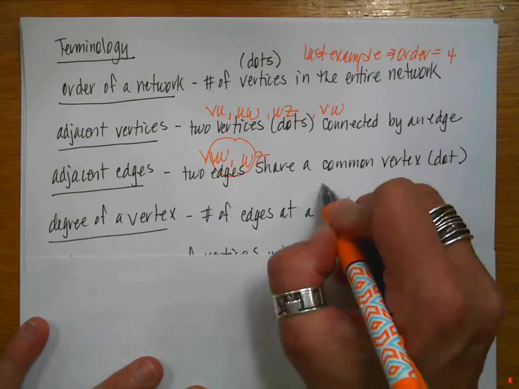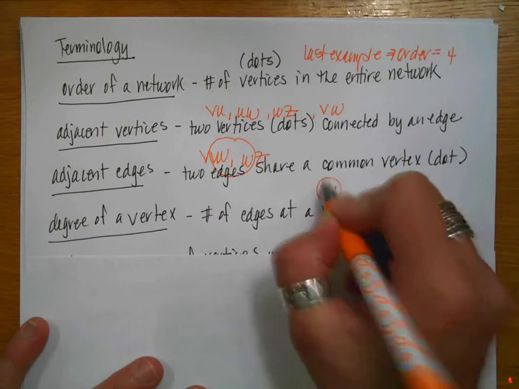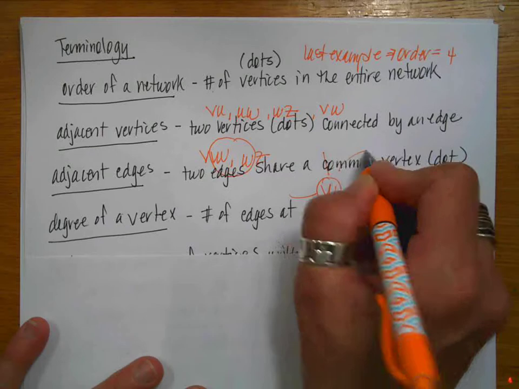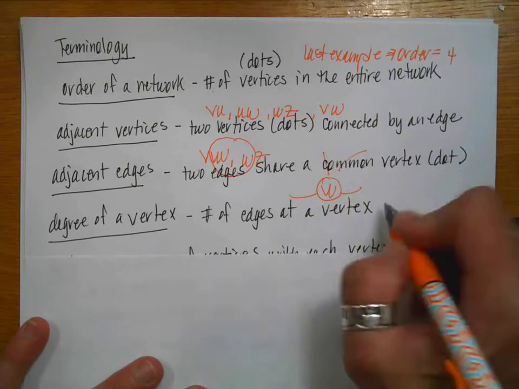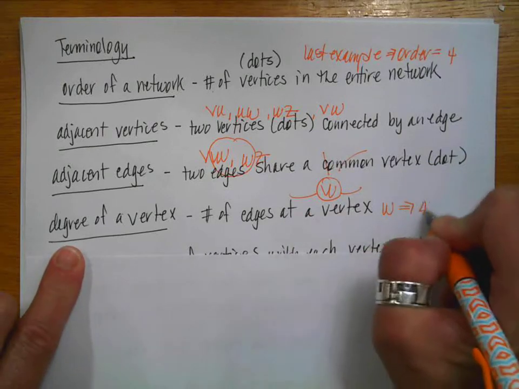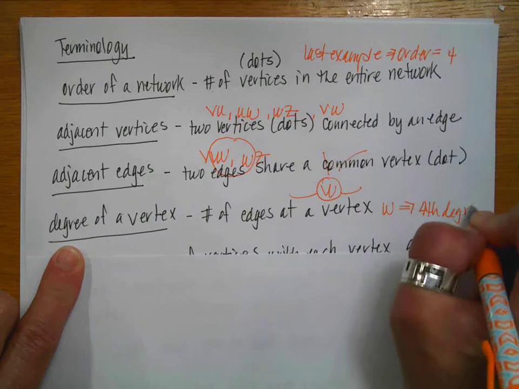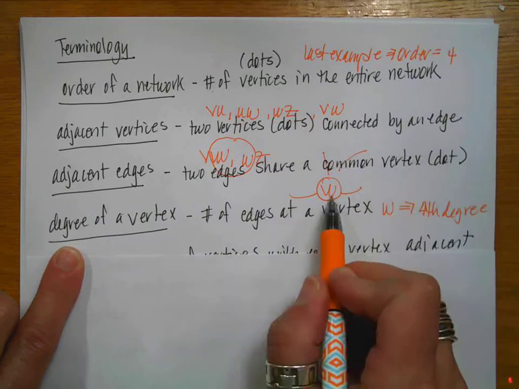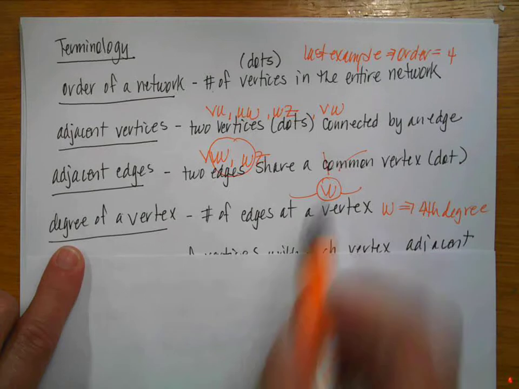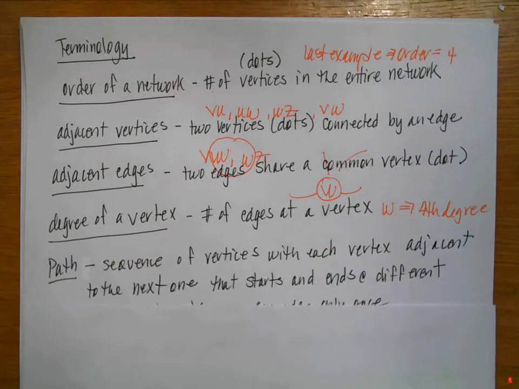So if you go back to our last example and look at the vertex W, it had 1, 2, 3, 4, so W would have been fourth degree, meaning that there are 4 edges coming out of our vertex.